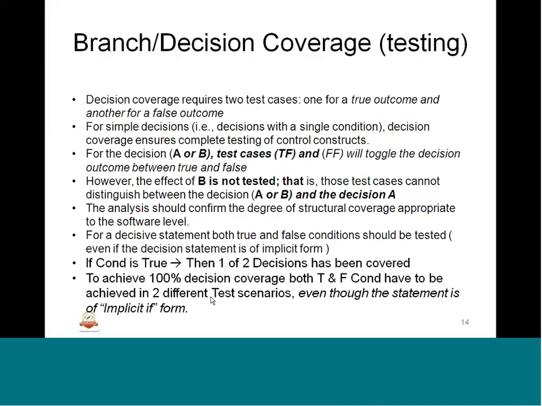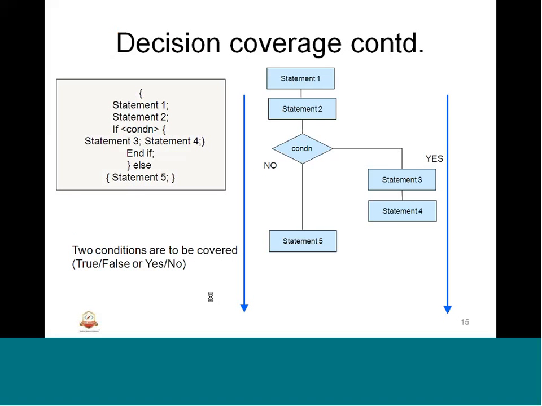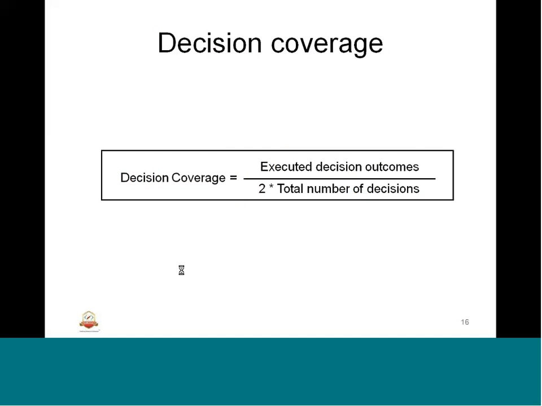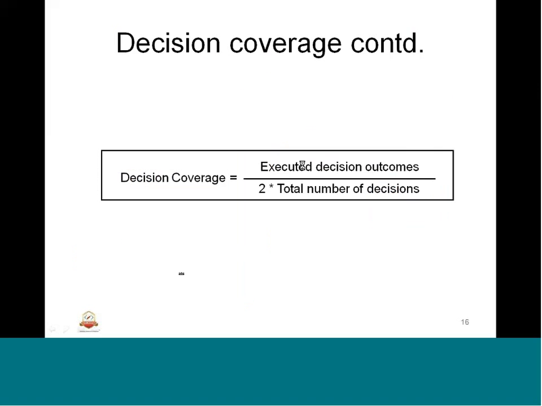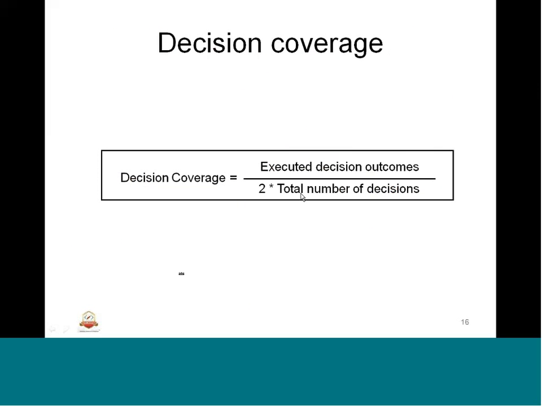Okay, so here in the same example, statements 1 and 2 with condition yes will take us to statements 3 and 4, and the condition no will take us to statement 5. So two conditions are to be covered, true and false, or yes and no. Decision coverage is expressed as a percentage: executed decision outcomes, here only one decision is there, divided by the total number of decision outcomes, that is 1 times 2, 2.